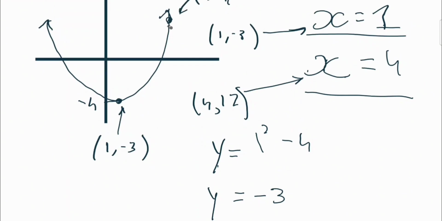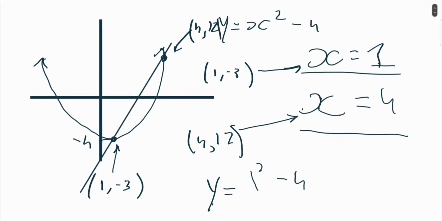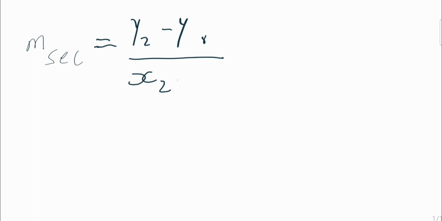Now we need to work out this line between the two. Yeah, that line. So to work this out, we are going to have to use this. The secant line is going to equal y2 minus y1 over x2 minus x1.